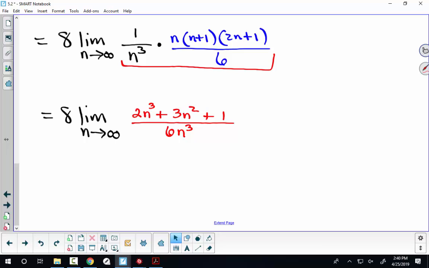So what would that limit as n goes to infinity be? Yeah, 1/3. If you're not sure, use L'Hopital's rule.